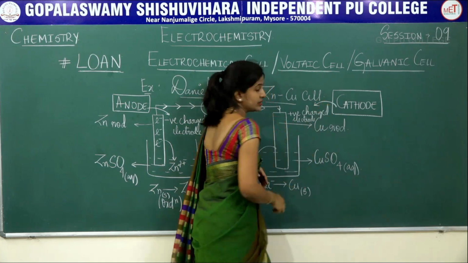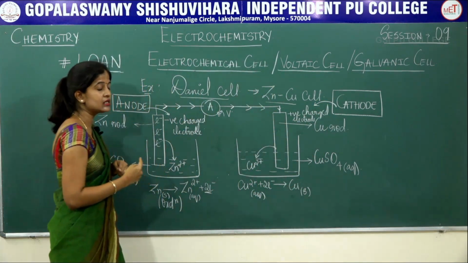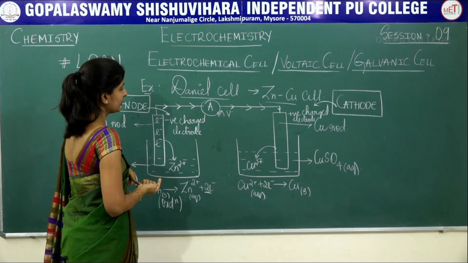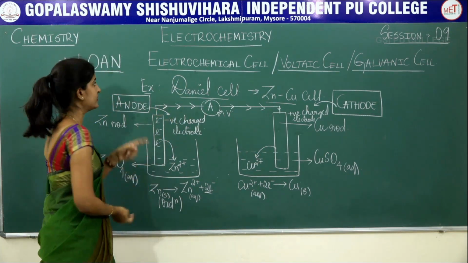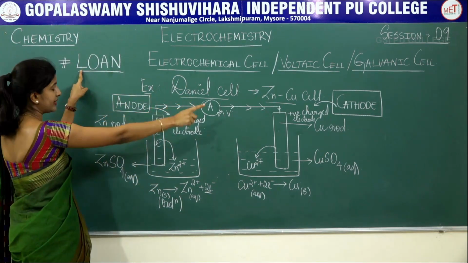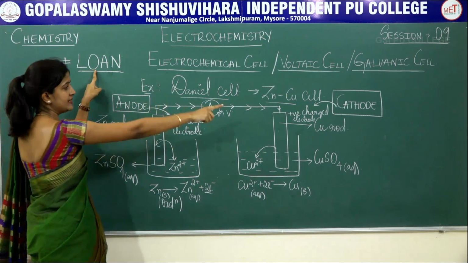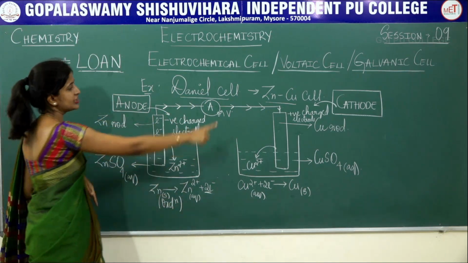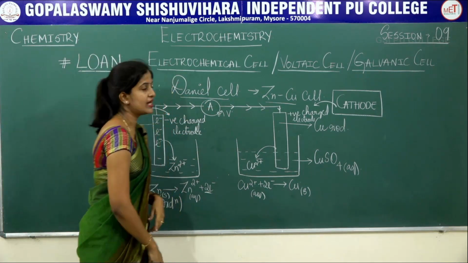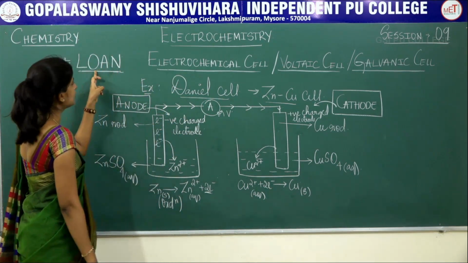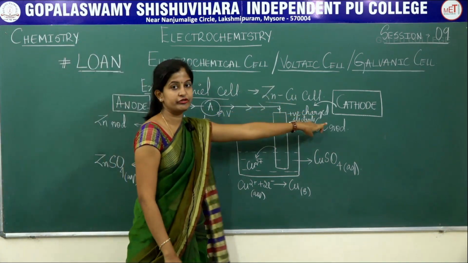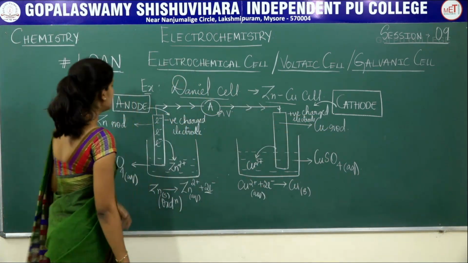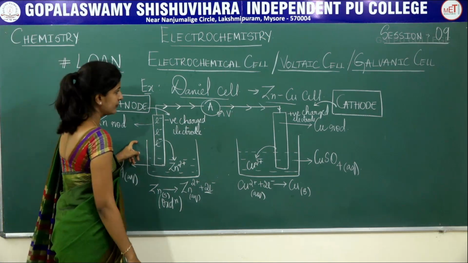Cathode here is positively charged, and in electrolytic cells it is negatively charged. So the cathode is the opposite of this one. The cathode is on the right side, and it undergoes reduction. The anode is negatively charged, the cathode is positively charged. If you remember LOAN, the cathode is obviously the opposite. So this is about your cell setup.